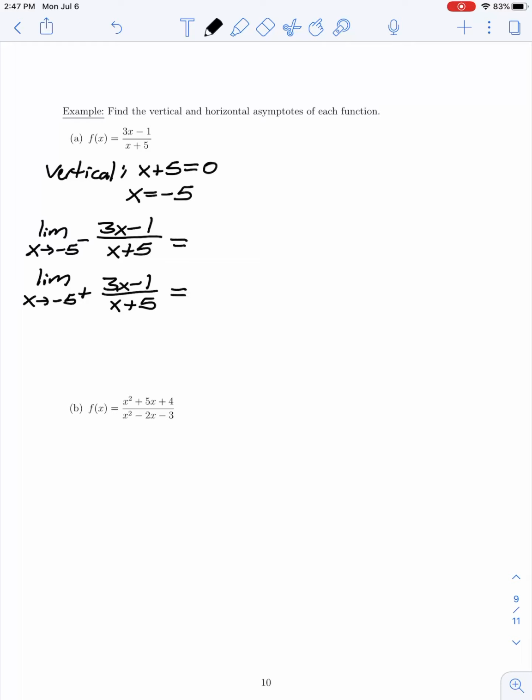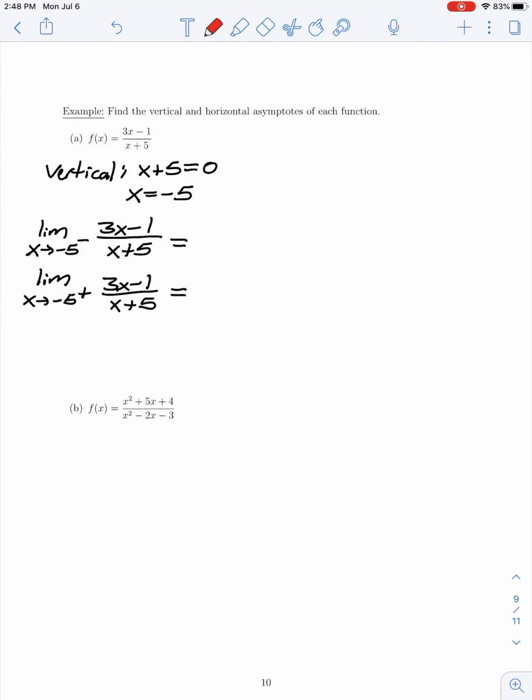So we suspect these limits will be infinite. And let's see if we can determine our sign. So here, if we are considering x approaching negative 5, it looks like our numerator is approaching negative 16, and the denominator is approaching 0. So that ratio is becoming unboundedly large.